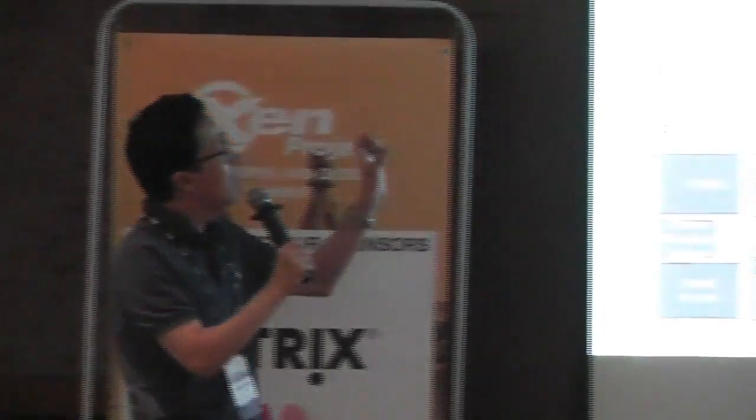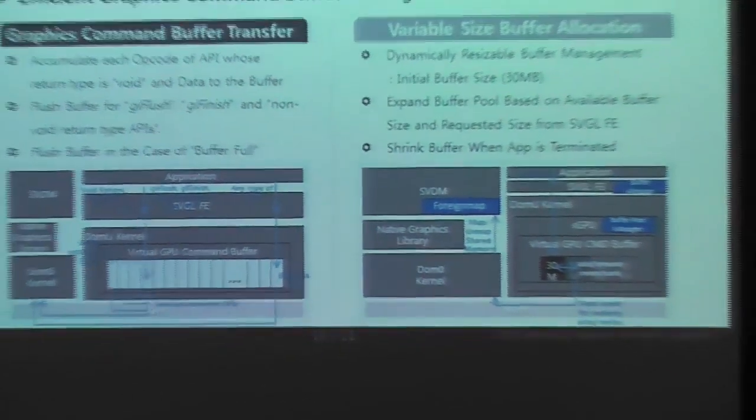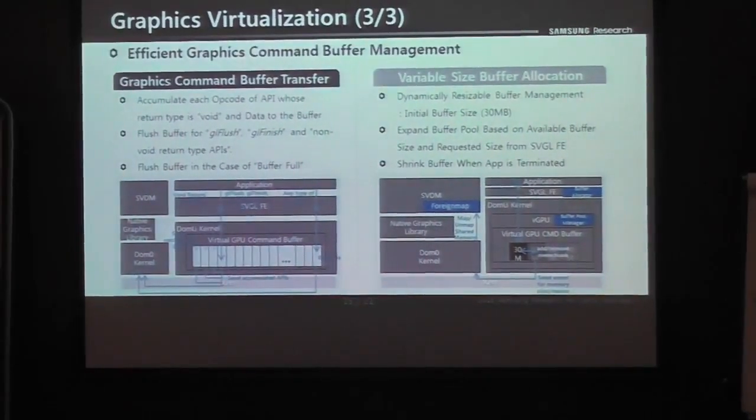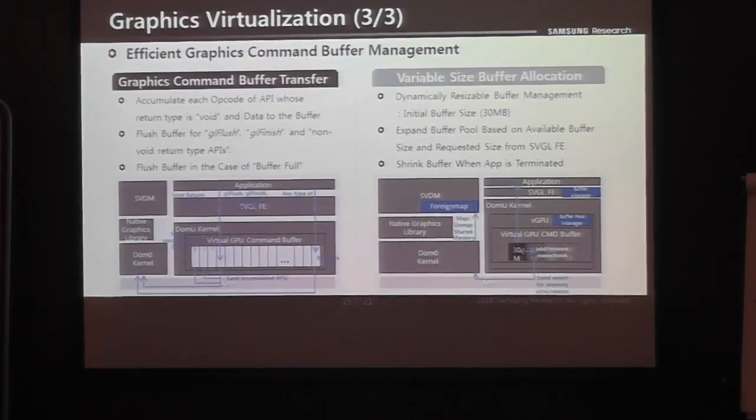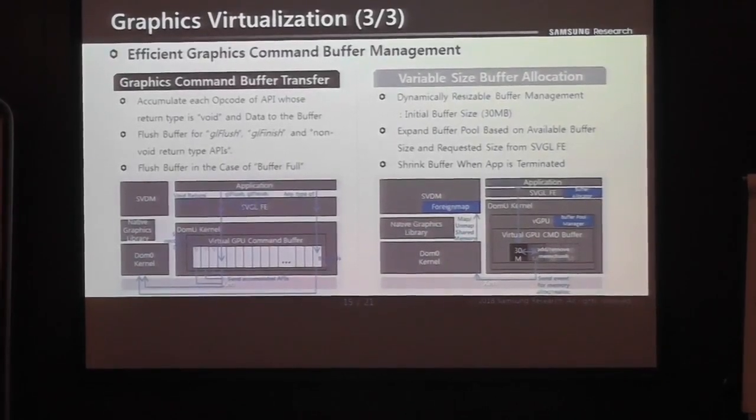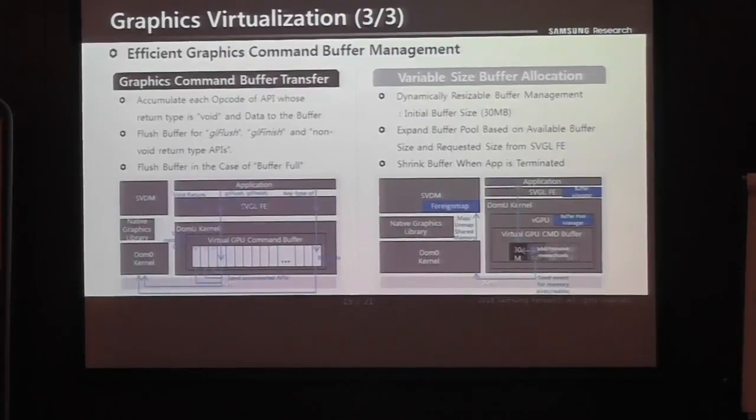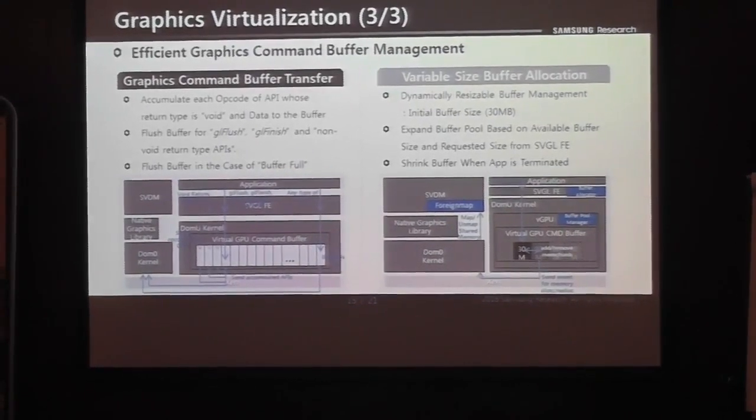And this is an effective graphics command buffer management function. Instead of transferring every single graphics command from the front end to the back end module, we made a group for batch transfer.